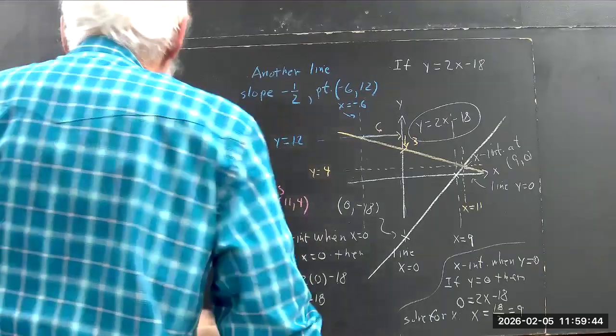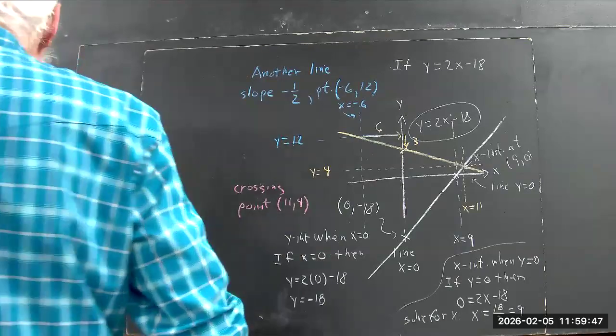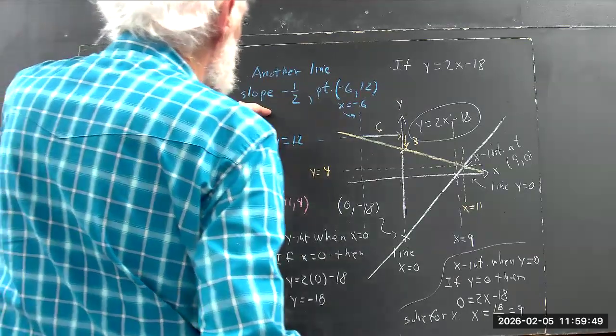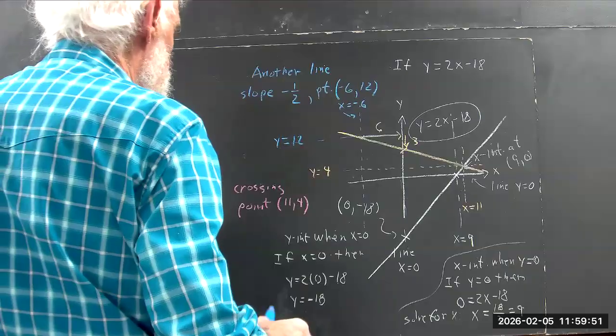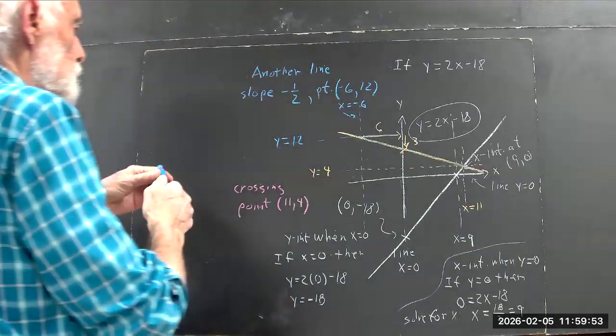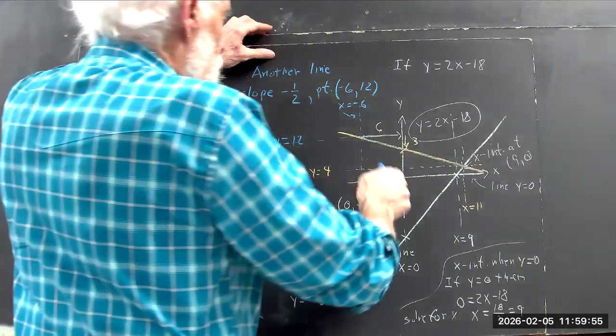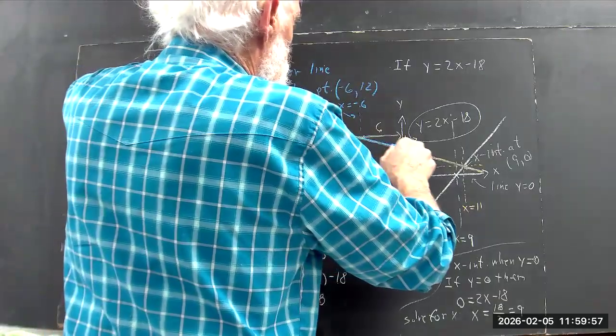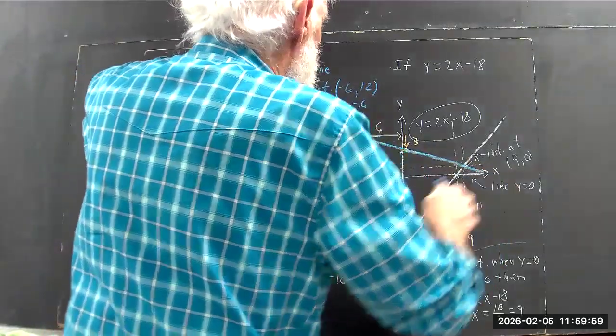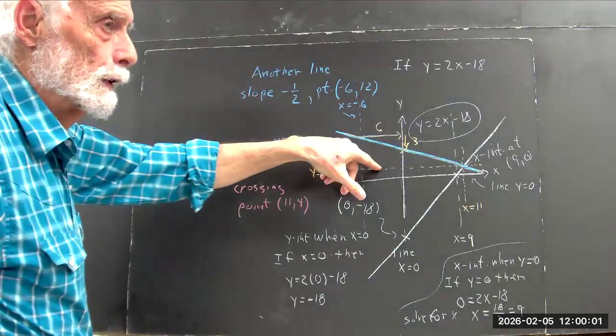Now, if I use the slope-intercept form of the straight line, the equation of the line, we make this line blue. Okay, if you can see that, that's fine.